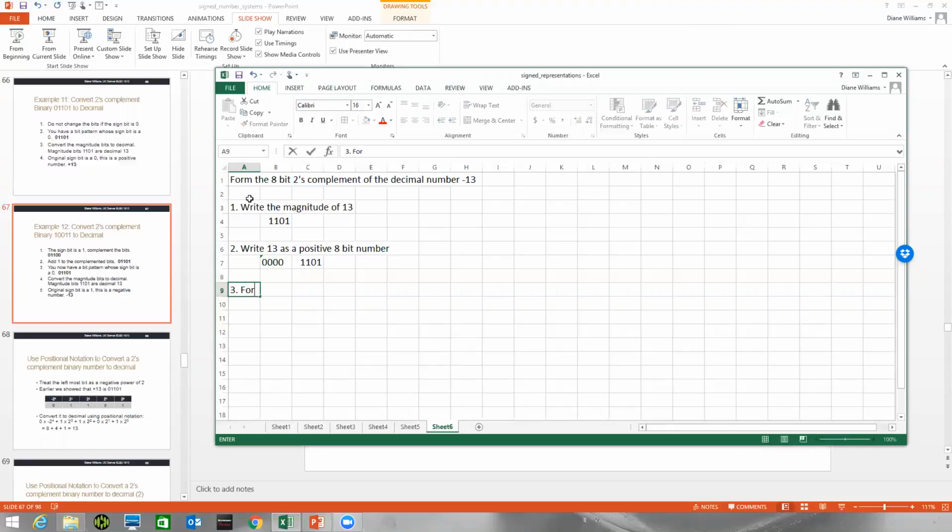We said form the 1's complement of the positive 8-bit number, right? So we had to complement these bits. There's our 1's complement. And then we add 1 to the 1's complement to form the 2's complement.